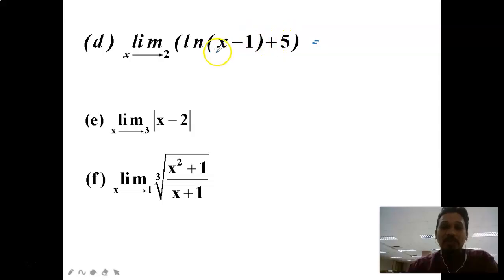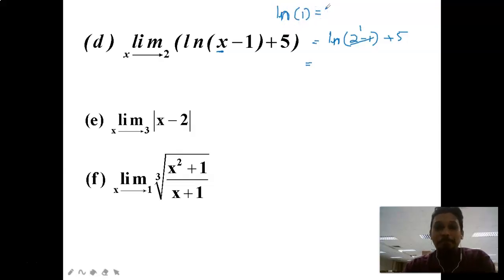Natural log of 2 minus 1, plus 5: 2 minus 1 equals 1, and natural log of 1 — press the calculator and test it, it gives me the value. Yes, natural log of 1 equals 0. So 0 plus 5 equals 5.